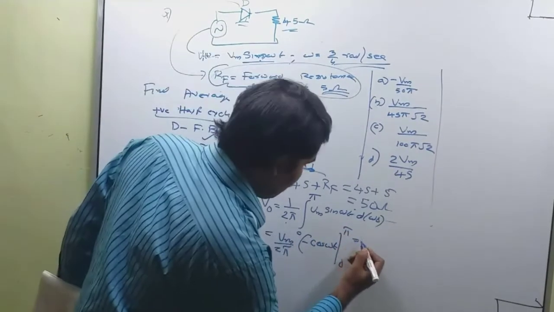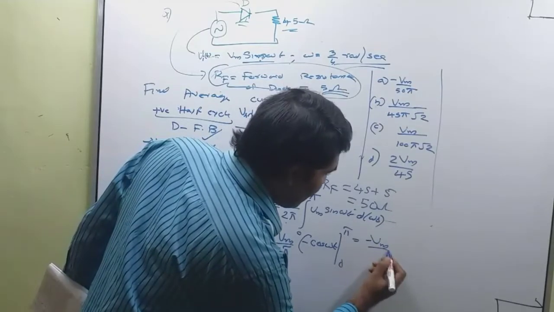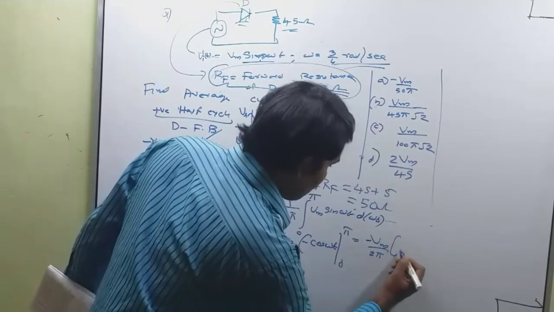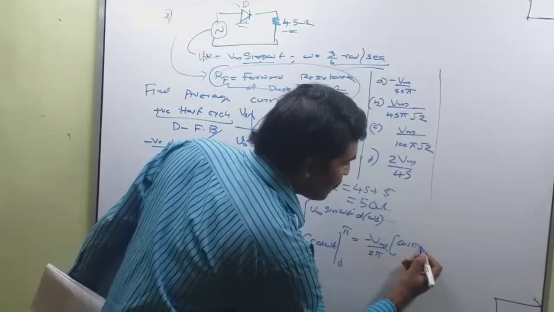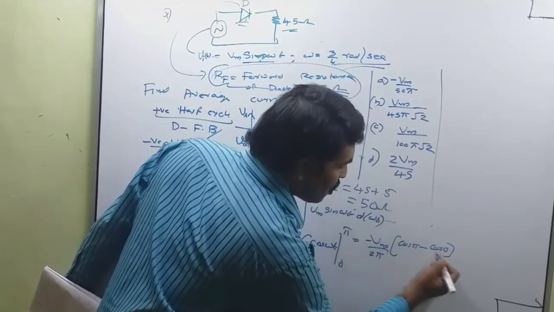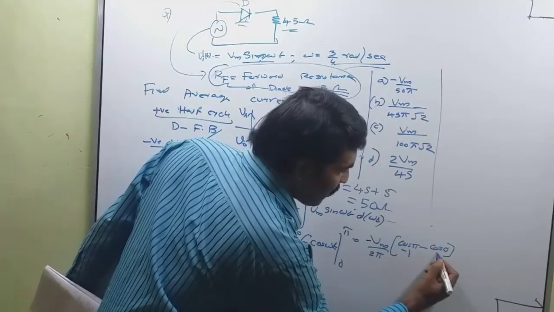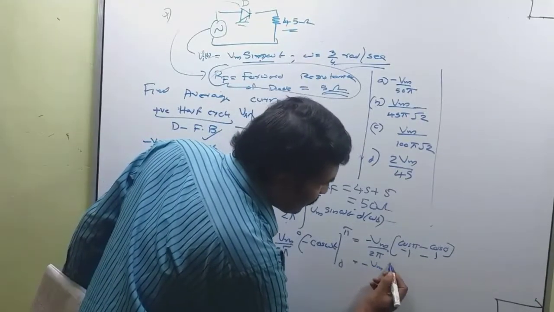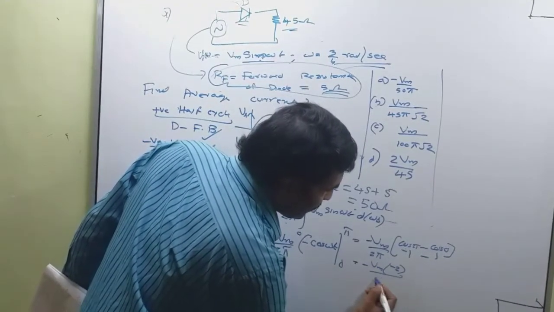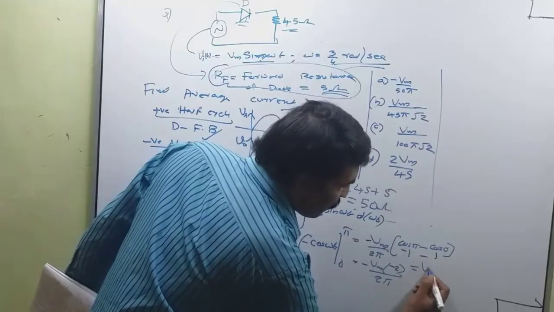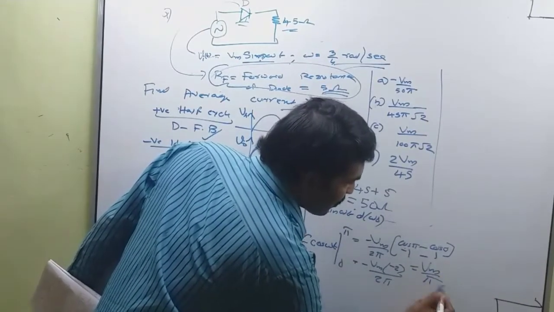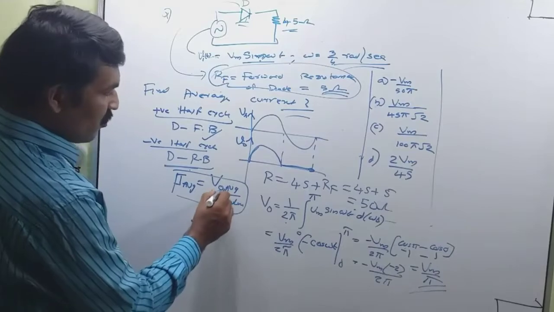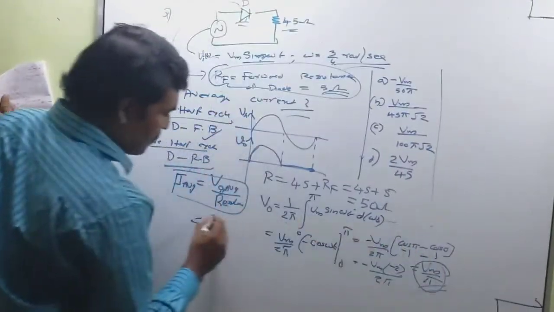So that is equal to minus Vm by 2 pi into cos pi minus cos 0. Cos pi is equal to minus 1, cos 0 is equal to 1. So this becomes minus 1, minus Vm into minus 2 divided by 2 pi, which is equal to Vm by pi.